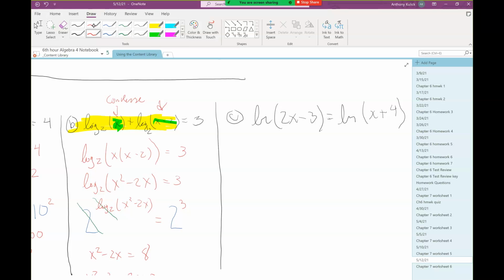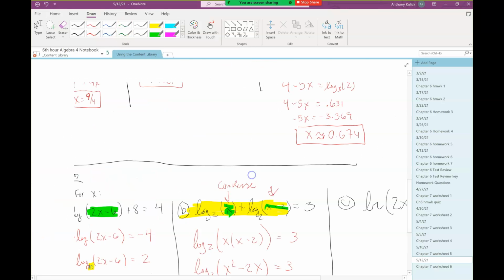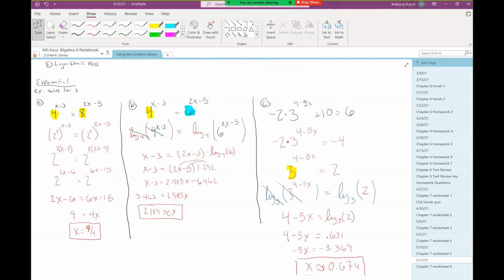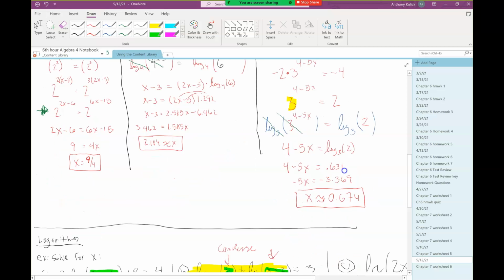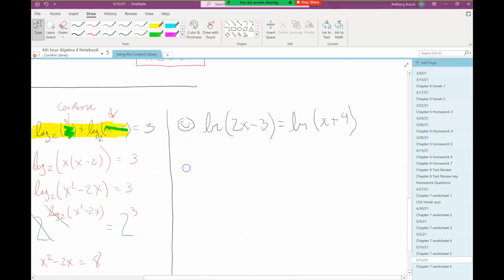So this situation is actually the easiest one to deal with, because what we basically have here is the same idea that we had before, where we had two exponentials with the same base, where we could just drop the bases and set the exponents equal to each other. You guys see that? If we have two logarithms with the same base, we can just drop the logarithms and set the insides equal to each other.